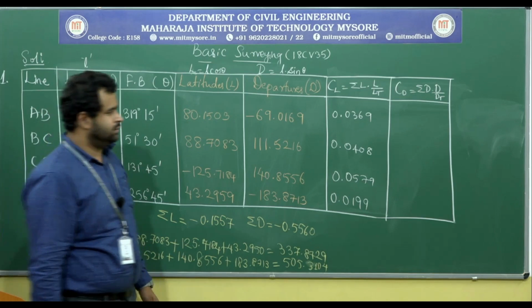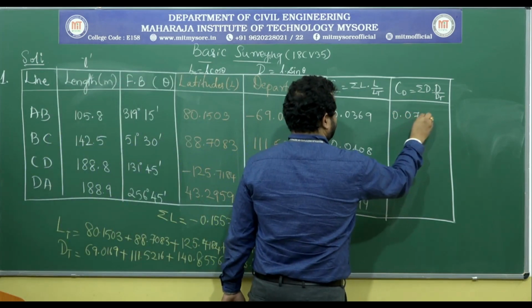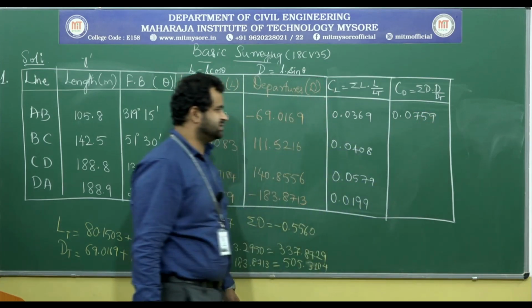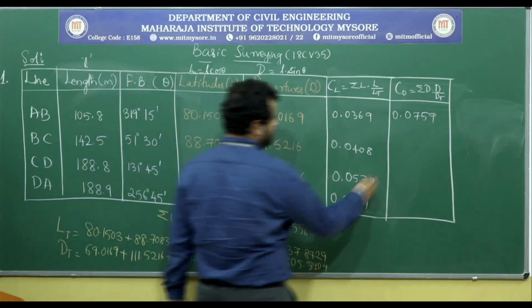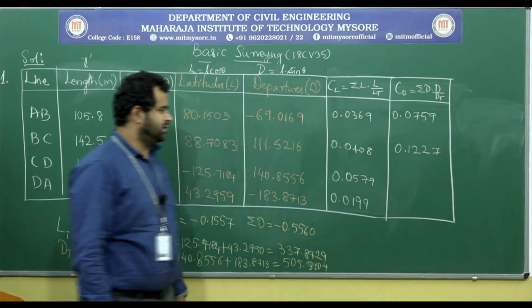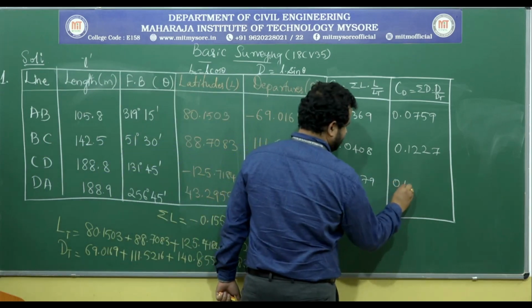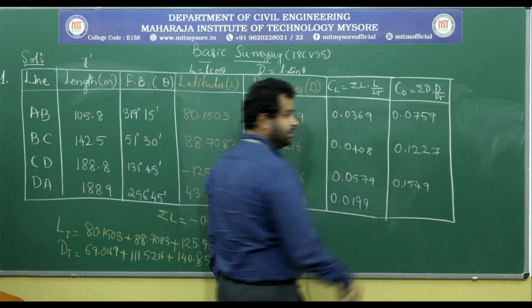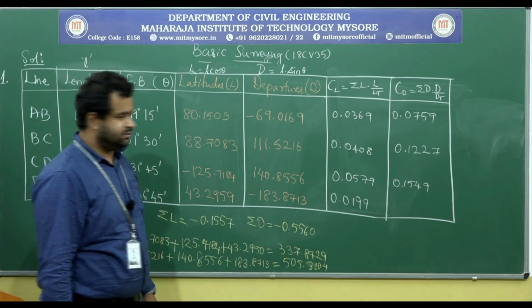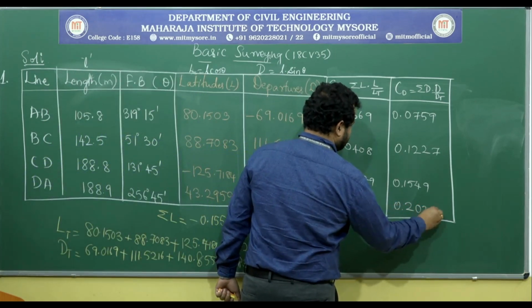Now what about CD? For first line it is 0.0759. For the next line it will be 0.1227. Next for line CD it is 0.1549, and for the last line it is 0.2023.